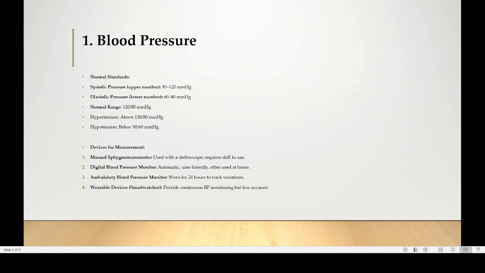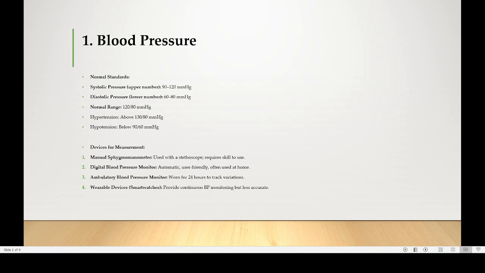So these are the two situations. One is hypertension, characterized by higher blood pressure above 120 mm of mercury. Hypotension is characterized by 60 mm of mercury. You can find some variation, but in the Indian standard it is normally calculated as 120 and 80.